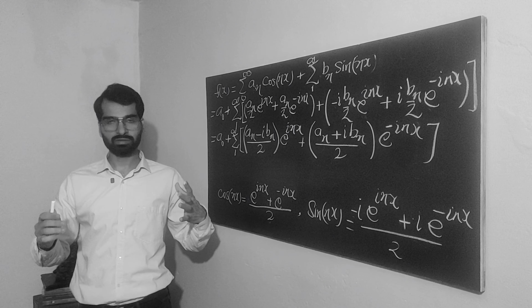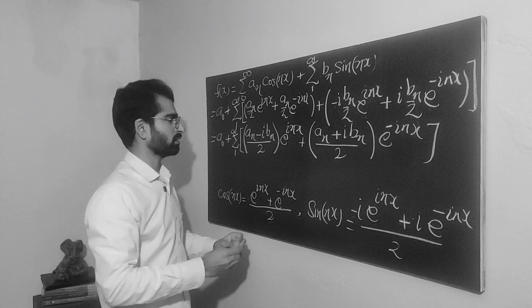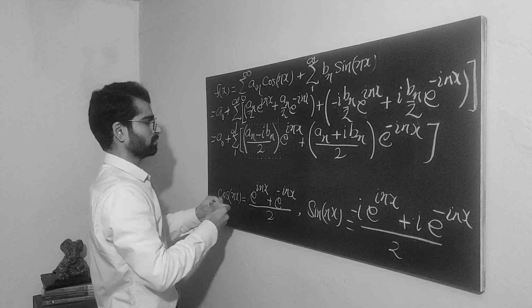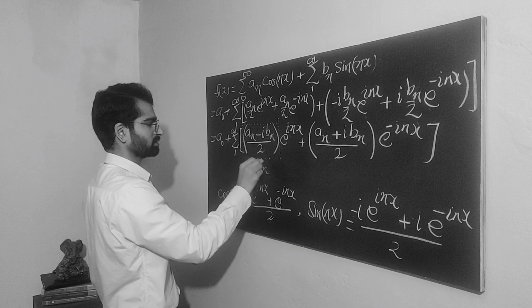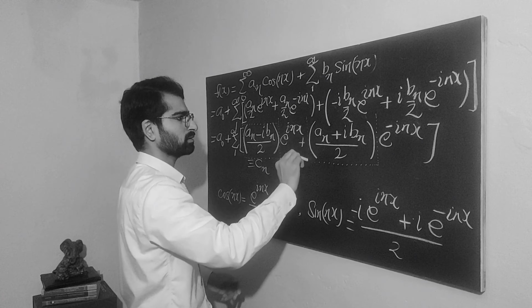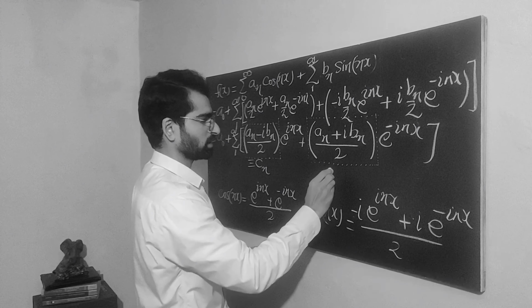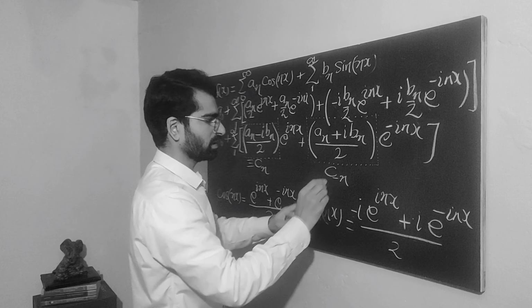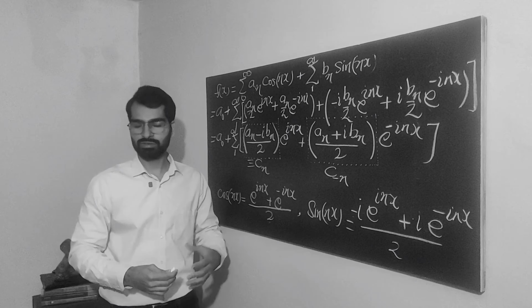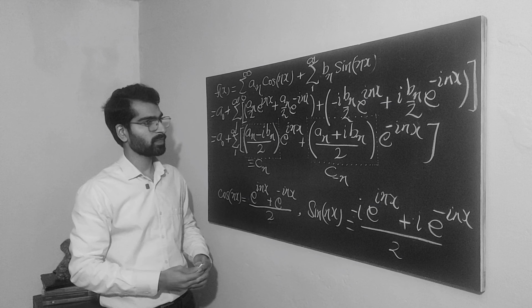Now I'm going to name them, I'm going to define them. I call this Cn's, and I call this C negative n. Negative n because I have a negative n here. That's why I chose this name for this.